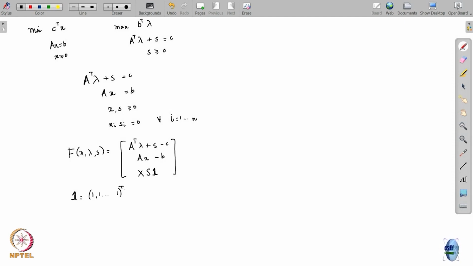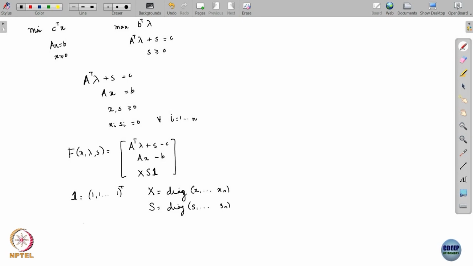It is a column vector of ones. Now, what is capital X and capital S? Capital X is simply a diagonal matrix comprising of the components of the small x. You can write this as diag of x, or equivalently diag of x1 till xn, and S as diag of S1 till Sn.